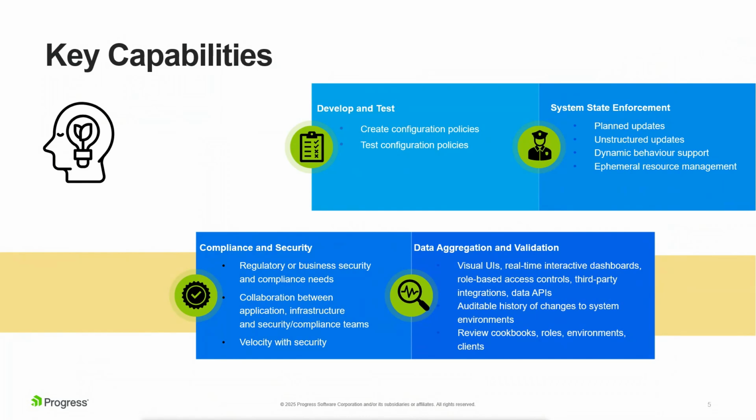Having the ability to audit, the history of changes happening in the environment. You even get visuals reviewing the cookbooks and recipes. And these, of course, we'll talk about in more detail, or the blueprint of those systems that are running within the environment.